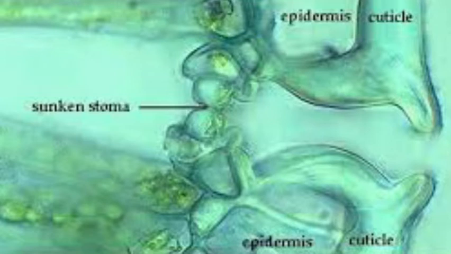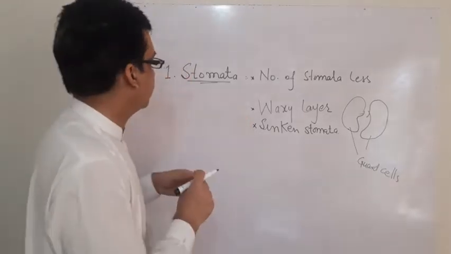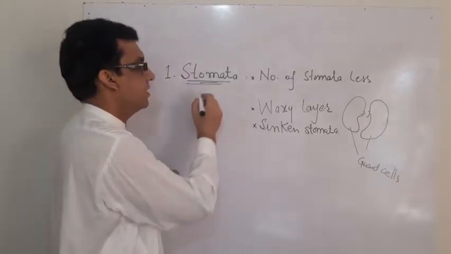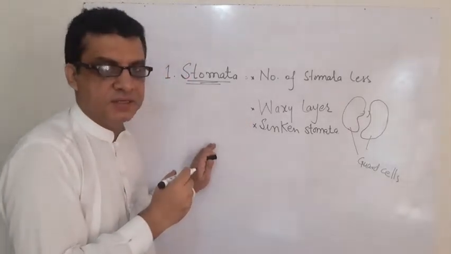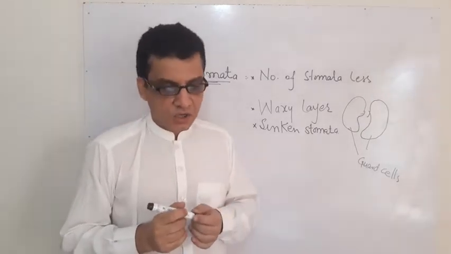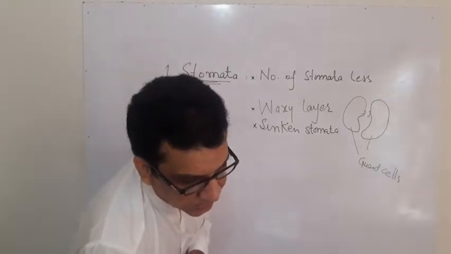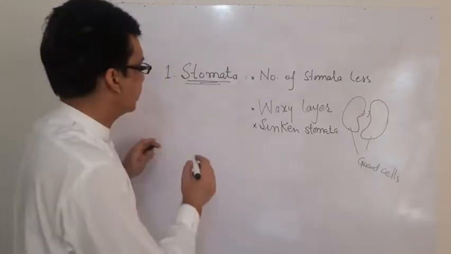So when it is below the epidermis, it is not fully exposed to the environment, so a lesser amount of water will be transpired. So this was the first adaptation with respect to stomata, where the stomata is a little bit changed from other kinds of plants. Now come toward the next adaptation, and that is the root system.